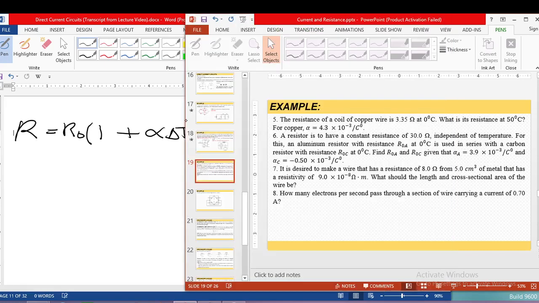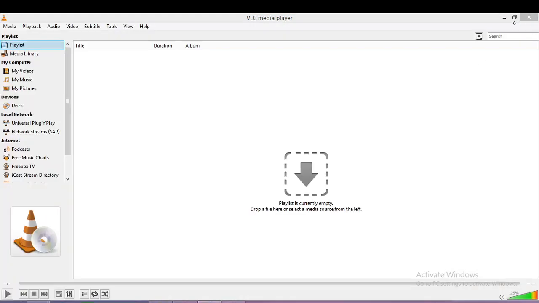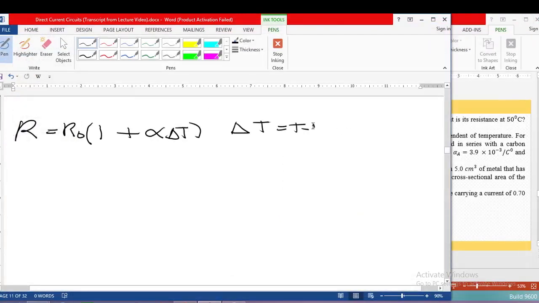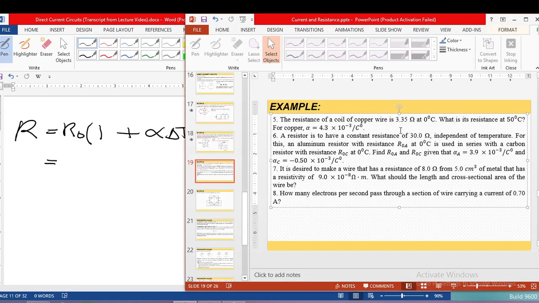Your delta T is actually equal to 50 degrees Celsius, because that is the final minus the initial temperature, which is 50 degrees Celsius minus 0 degrees Celsius, equal to 50 degrees Celsius. The resistance of the copper at 0 degrees Celsius, which is the initial resistance, is 3.35.